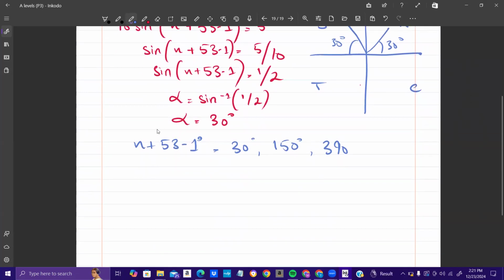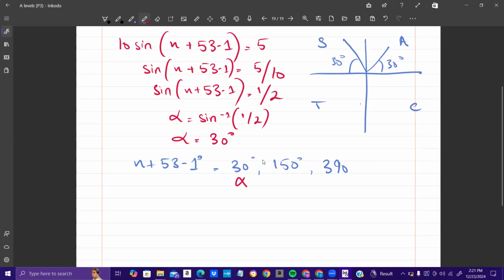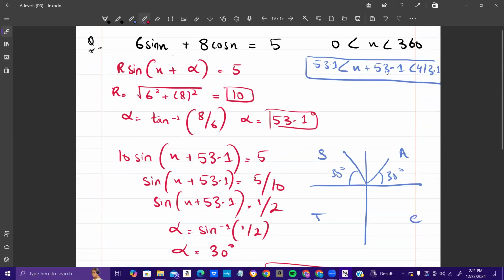So now we are going to simply solve for this. x is 30 minus 53.1, which is minus 23.1 degrees. And by the way, one thing, this value is outside of our range, so we are going to reject it, right? And these two values are only within our range, as you can see.